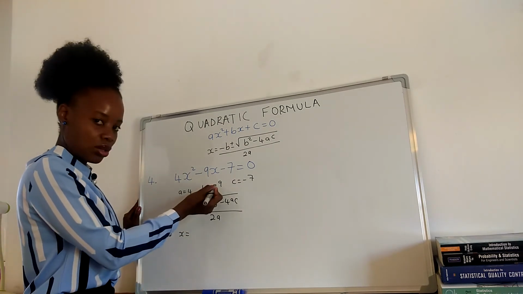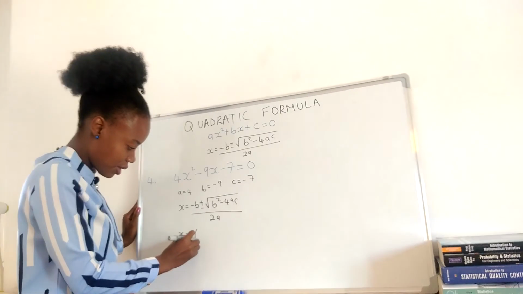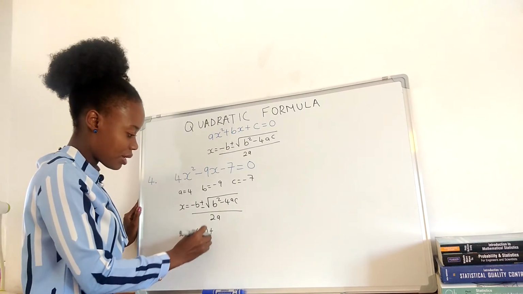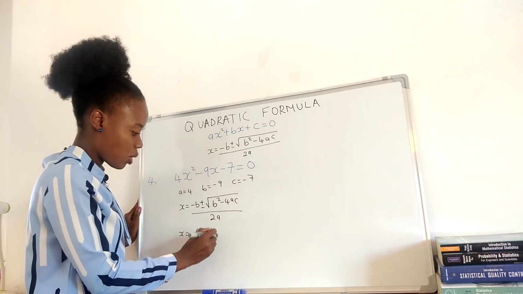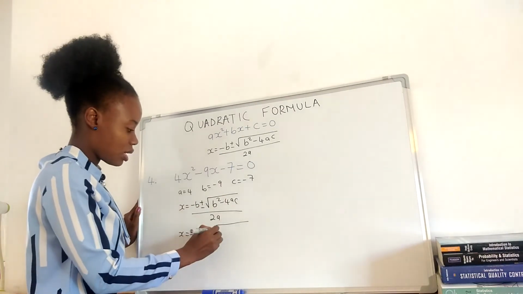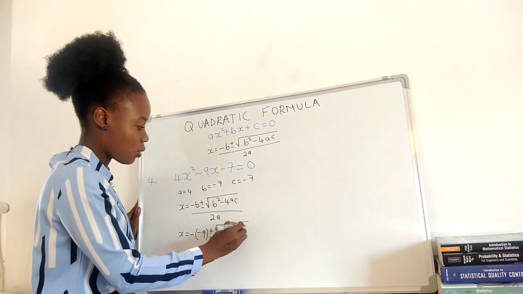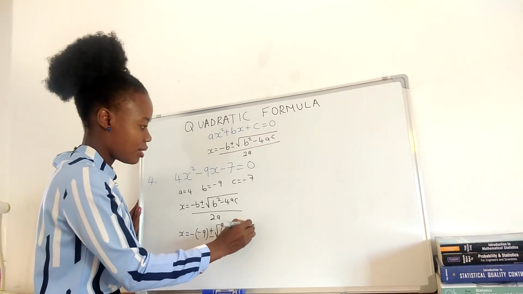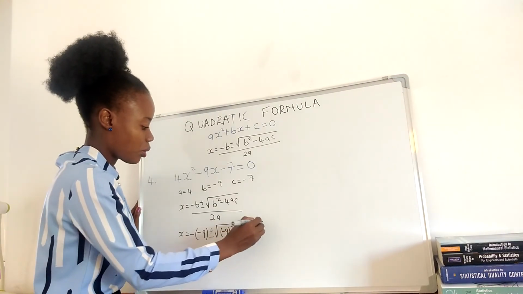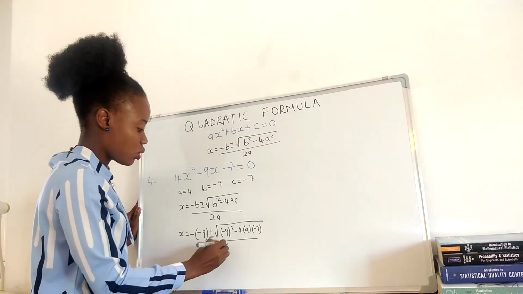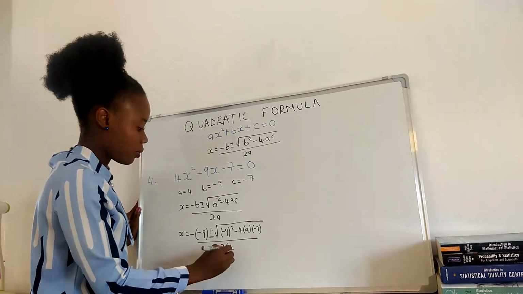Negative b, your b is negative 9, so you have negative 9 plus or minus square root of b squared, negative 9 squared, minus 4ac, all over 2 times 4.